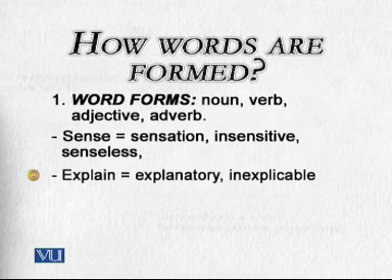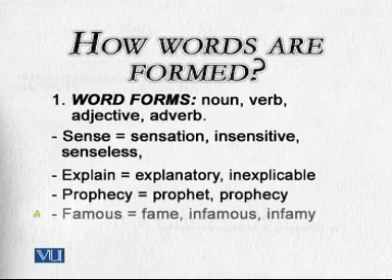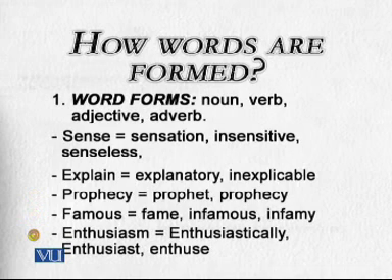From explain to inexplicable or explanation. And then comes prophecy. You can change prophecy into prophet and prophesy. From famous, you can change it into fame, infamous, infamy. And from enthusiasm, you can change it into enthusiastically, enthusiast, and enthuse. Now here, enthuse, of course, is your verb from enthusiasm.